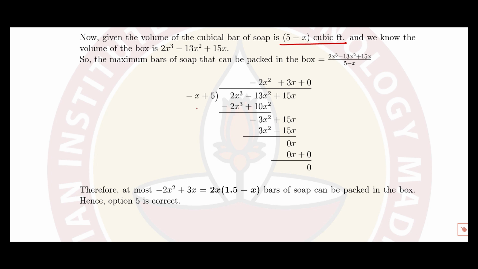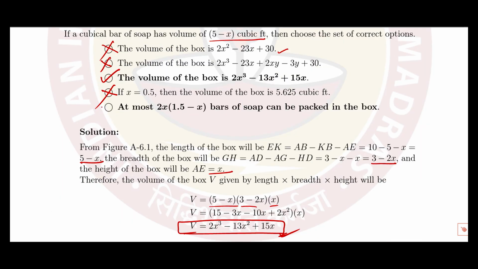By using the division algorithm, if we divide 2x cube minus 13x square plus 15x by 5 minus x, we get remainder as 0 and quotient as minus 2x square plus 3x. So therefore minus 2x square plus 3x bars of soap can be packed in the box. Minus 2x square plus 3x can also be written, if we take x common, as x times 3 minus 2x, that is 2x times 1.5 minus x. Therefore option 5 is true. So the answer to our 8th question is options 3 and 5.